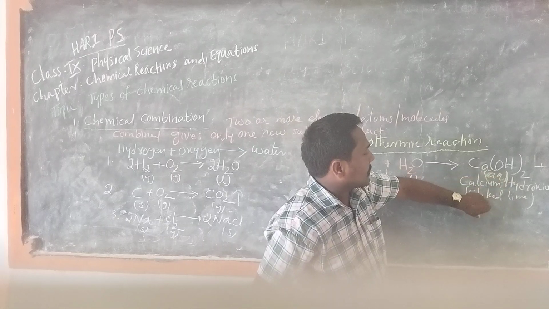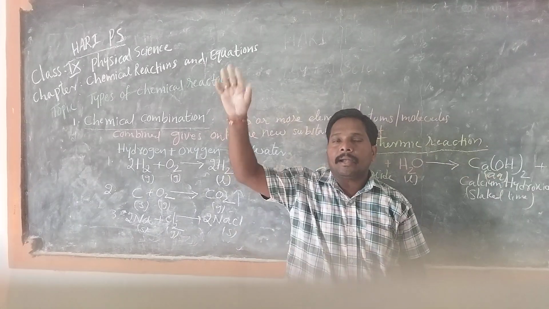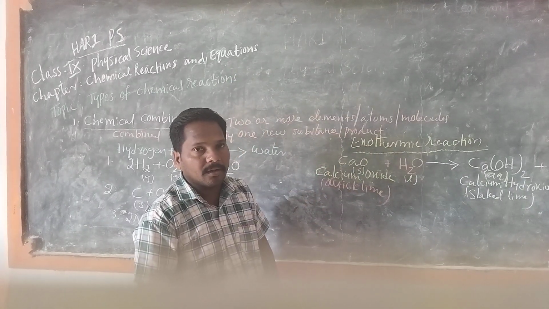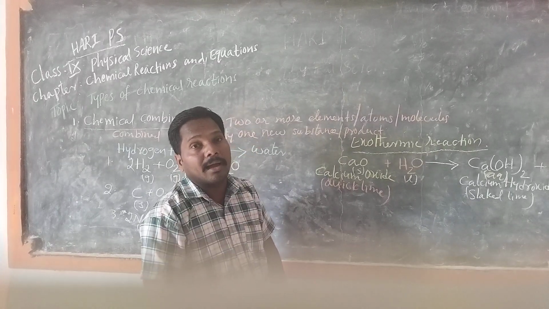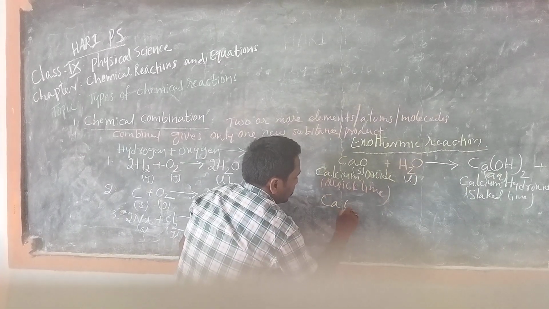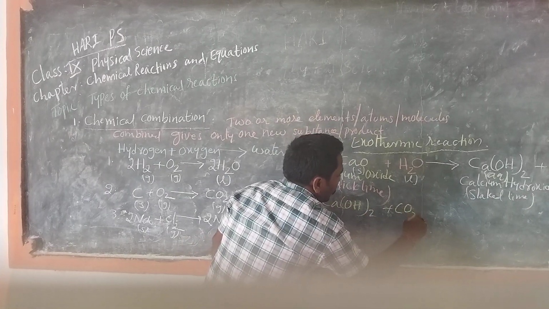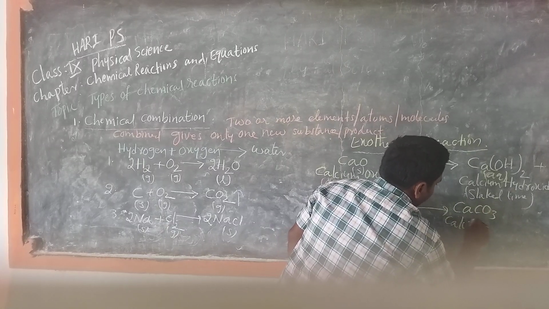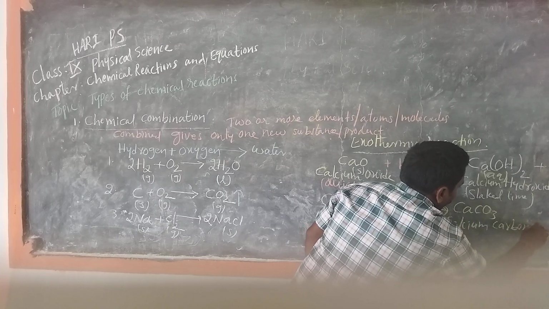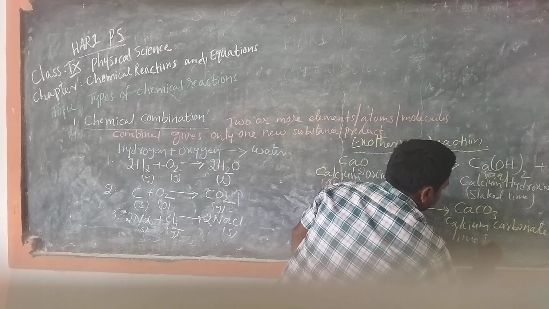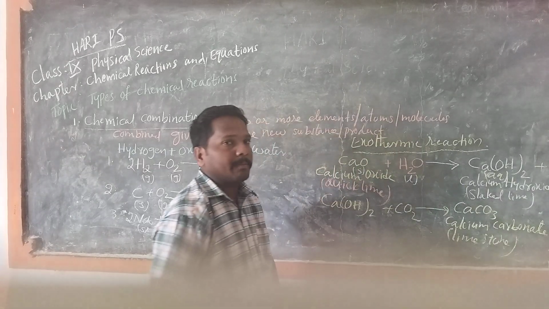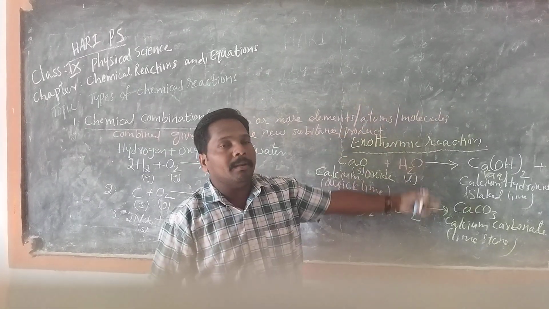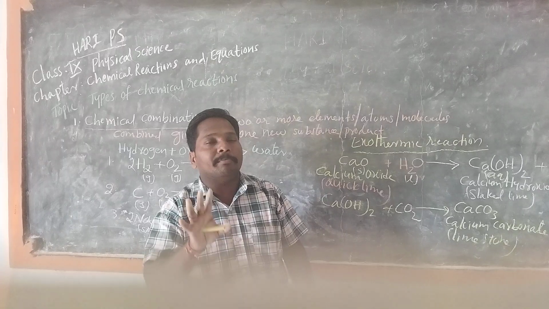If this slaked lime, the calcium hydroxide, is applied on the walls for whitewashing, the calcium hydroxide combines with the atmospheric carbon dioxide and forms calcium carbonate, which is limestone. A milky white layer is formed on the walls, giving a very bright surface.